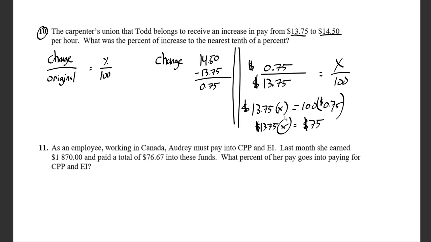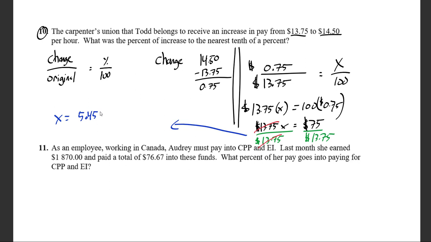I'm looking to isolate my variable. It's currently being multiplied by 13.75, so I'm going to divide by 13.75. If I do that, I can cancel off to the left and find that x is equal to 75 over 13.75, which is a repeating value. So if I come over here, I find that x is equal to 5.454545, that keeps on going.